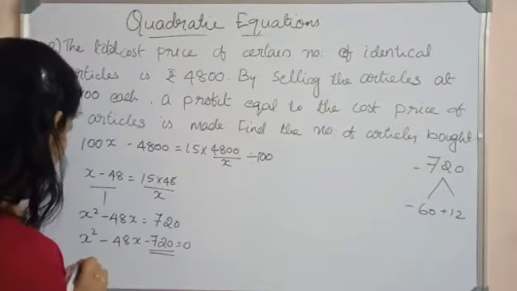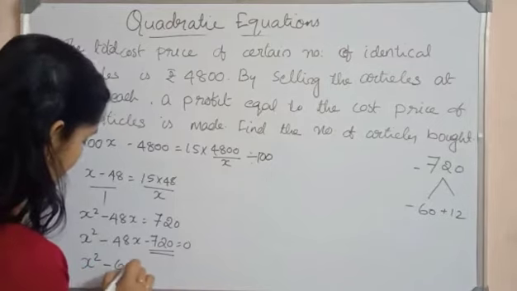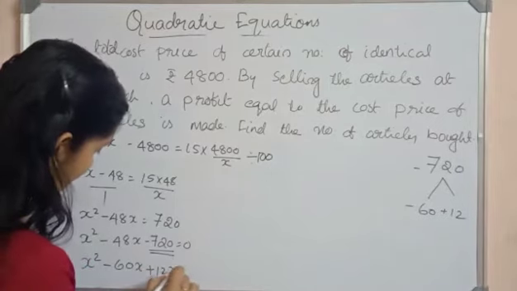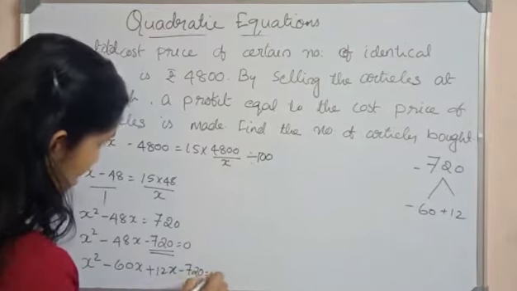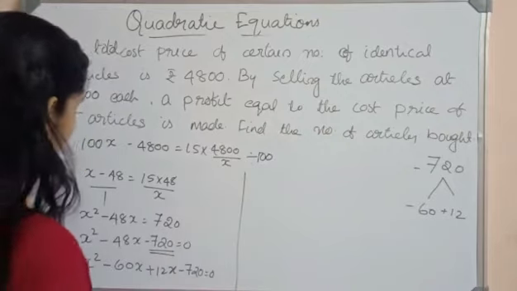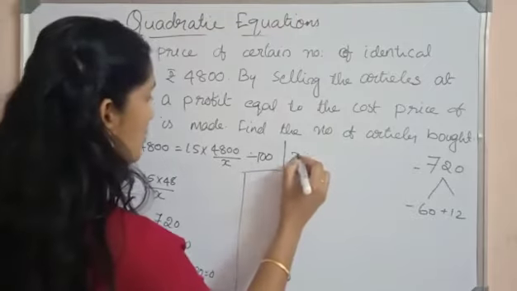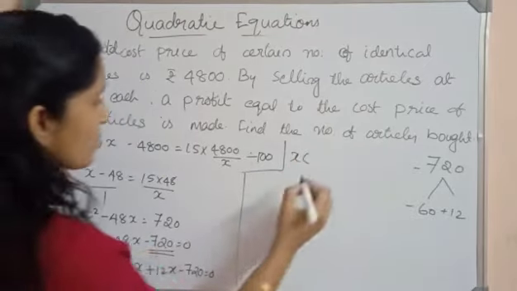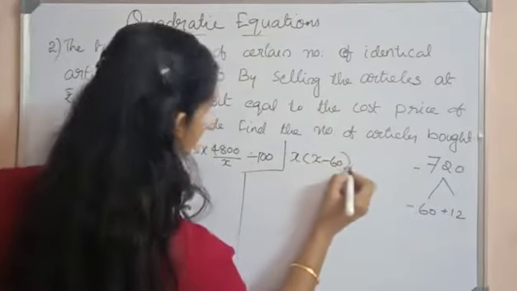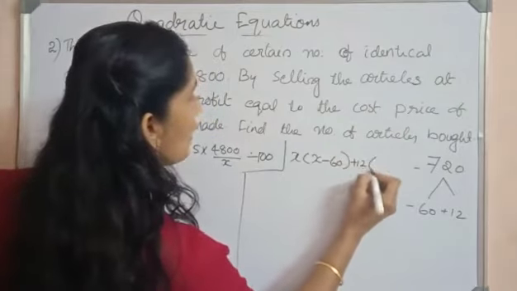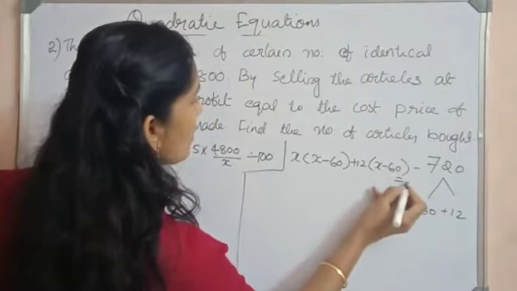So we can write this as x square minus 60x plus 12x minus 720 is equal to 0. On taking x outside from the first part, x into x minus 60 plus 12 into x minus 60 is equal to 0.